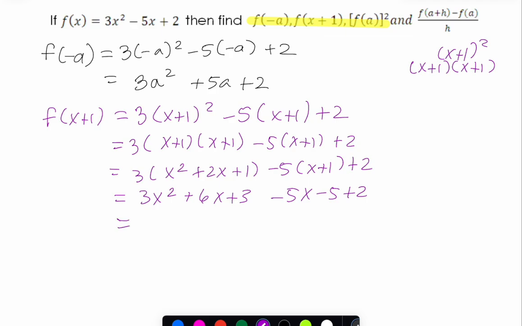We do. We have the 6x and the negative 5x, which is an x. And then we have a positive 3, a negative 5, and a positive 2, which is 0. So that's as far as we go.